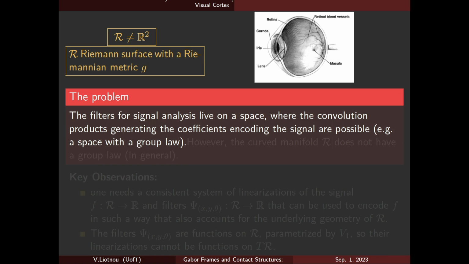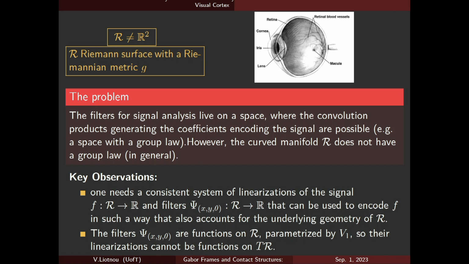Because it's not a vector space like R2, we have some difficulties, and we haven't assumed some group structure. So a curved manifold like the retina doesn't necessarily have this group law.